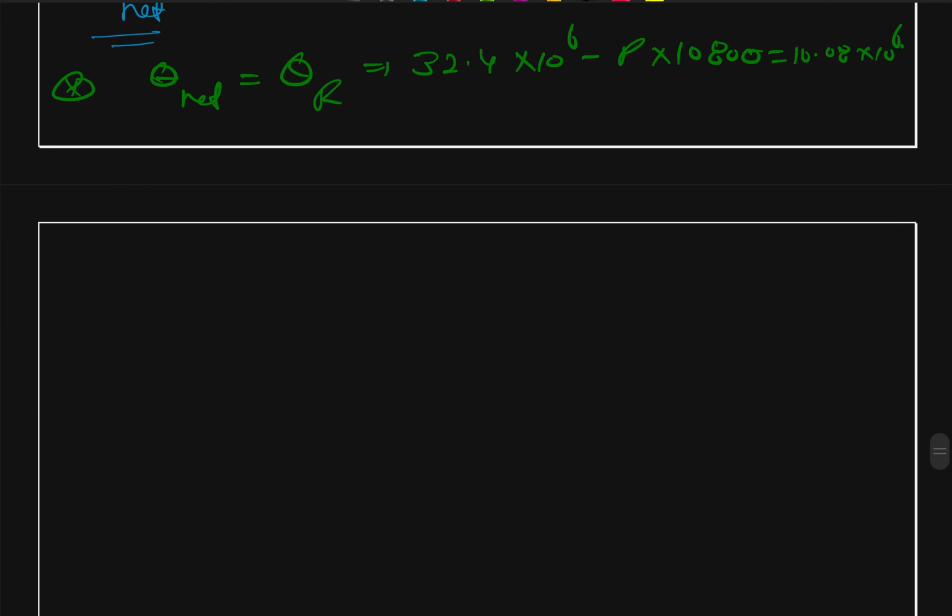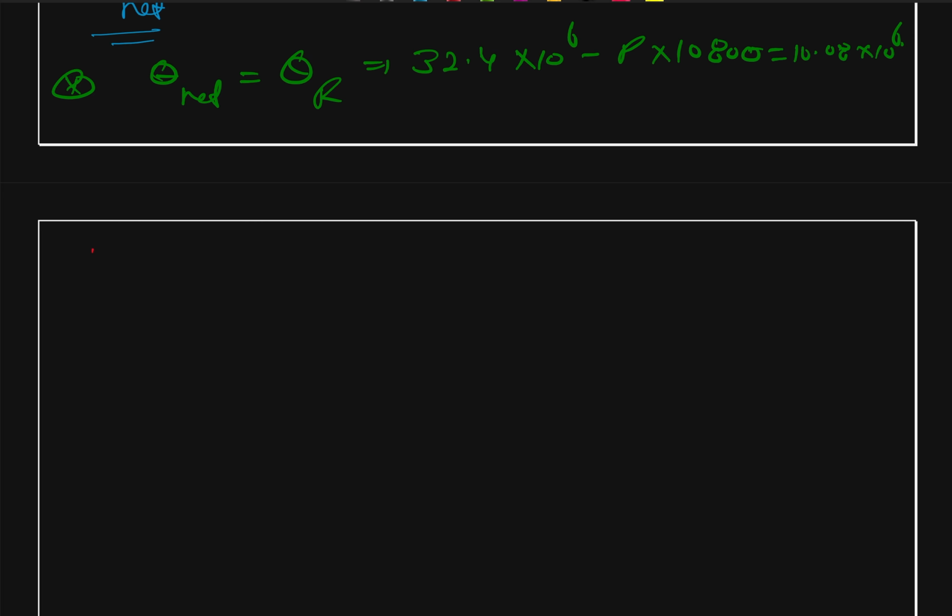Now it is a simple calculation. We get P times 10800 will be equal to, taking 10 to the power 6 common, 32.4 minus 10.08, sorry, not plus but minus.